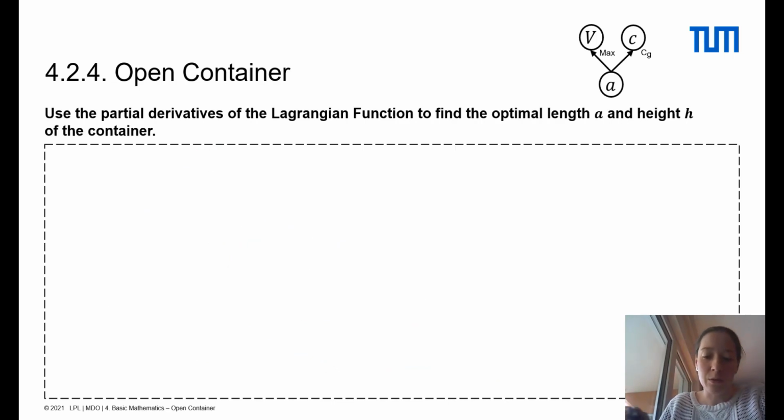Now we want to solve the optimization problem. So we build the partial derivatives of the Lagrangian. Let's write down our Lagrangian once more.